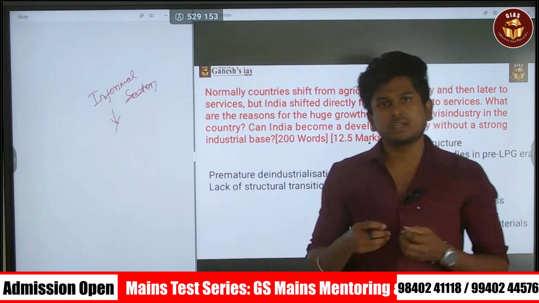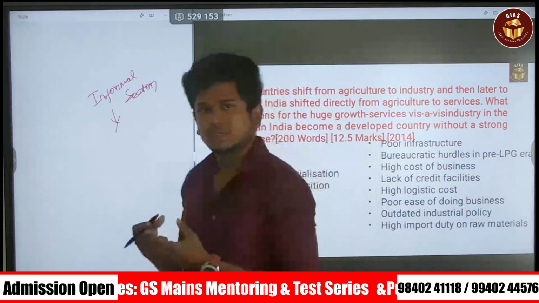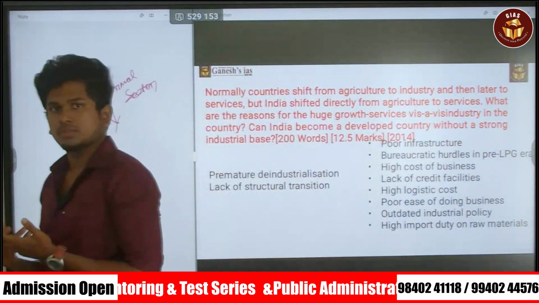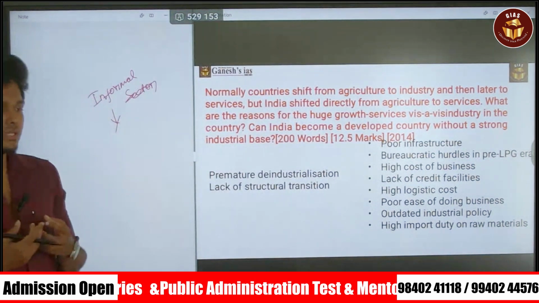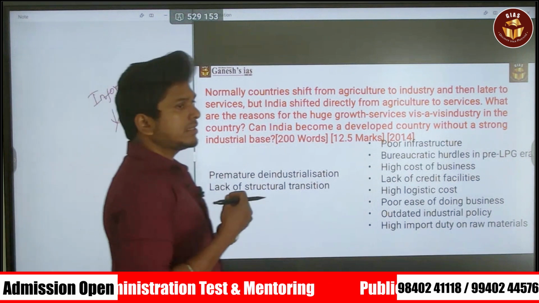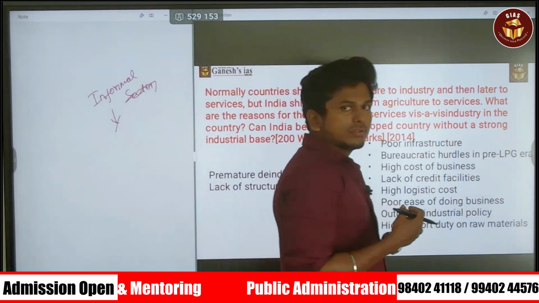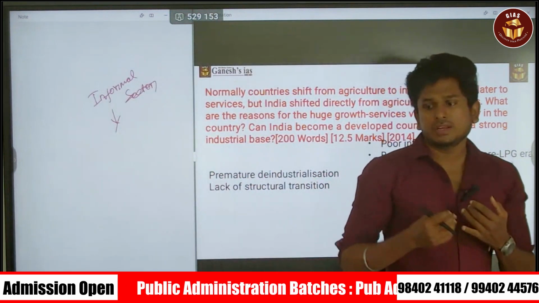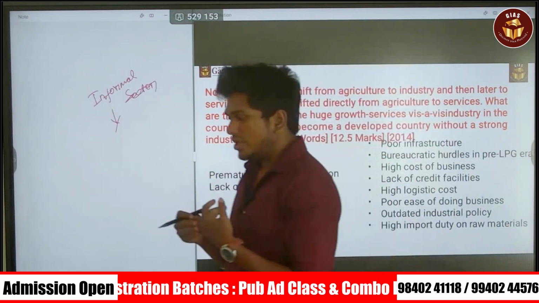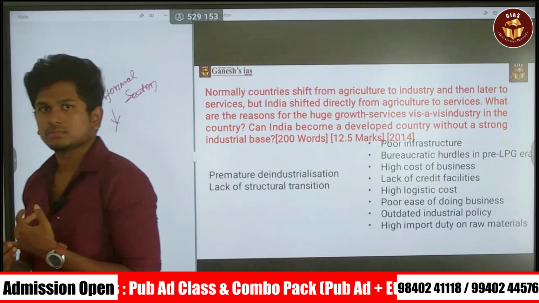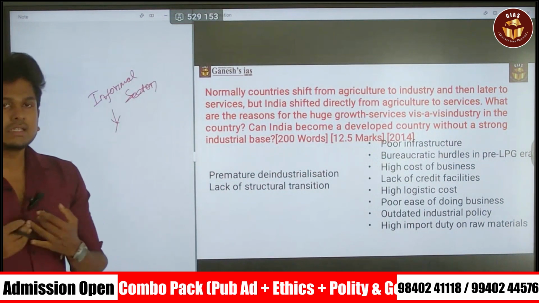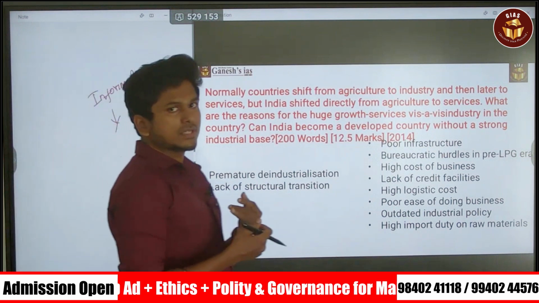In that scenario, can he easily get into the service sector? It is not at all possible. When it comes to the services sector, we need certain things, like knowing how to communicate. You need certain skills for the service sector.